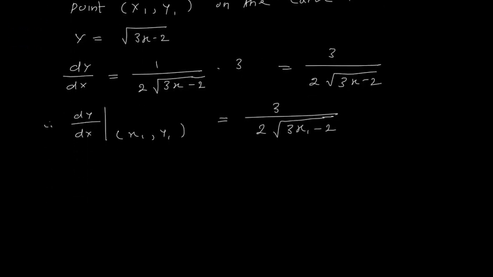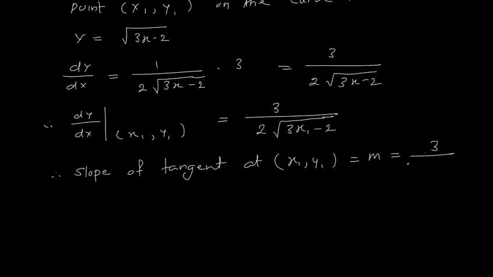So I will say that the slope of tangent at x1 comma y1, generally we denote slope with m, is m equals 3 upon 2 root 3x1 minus 2. Suppose this is our first equation.